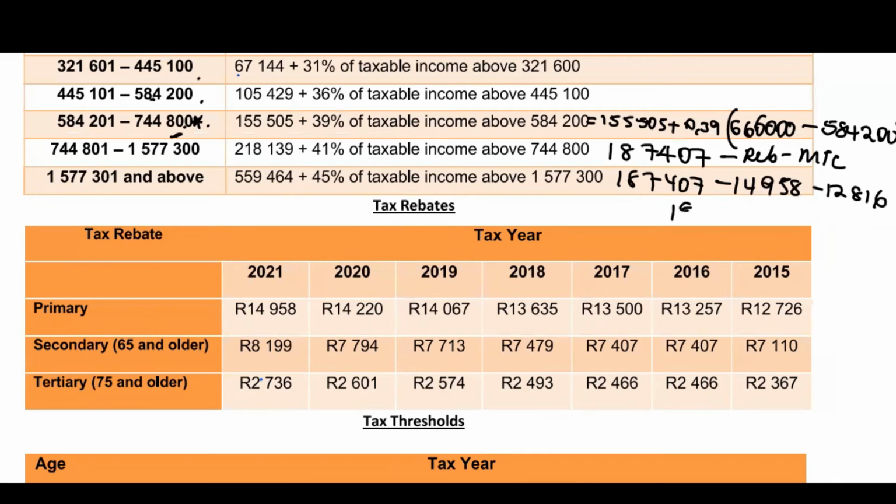You have 159,633. Because this said monthly, we shall divide it by 12.